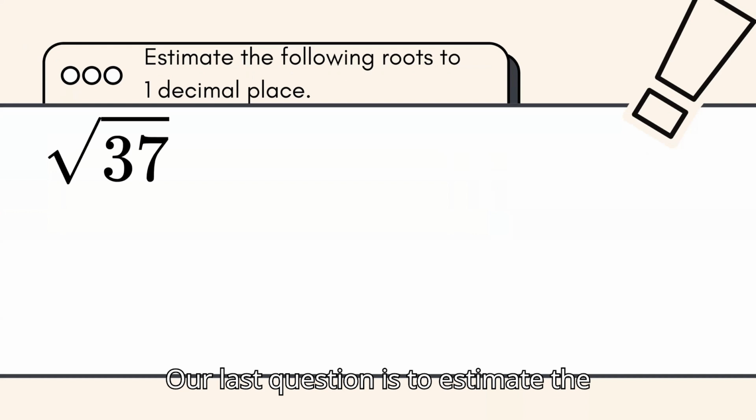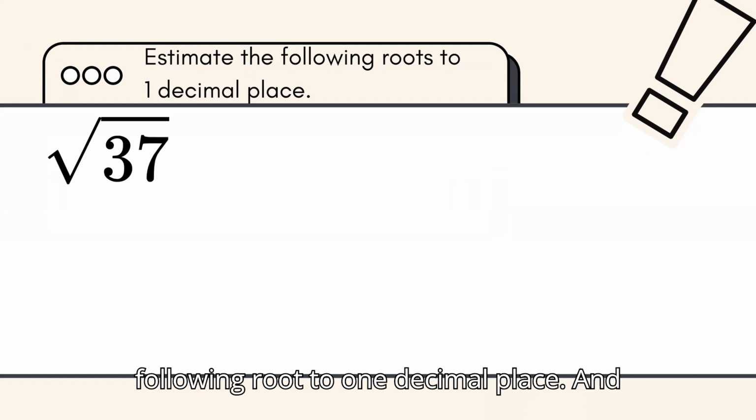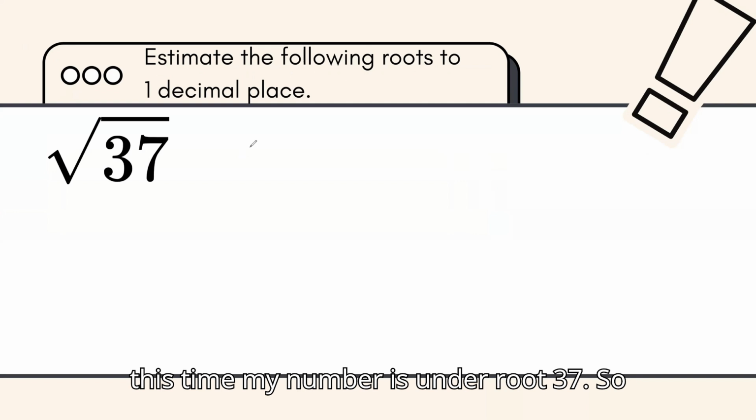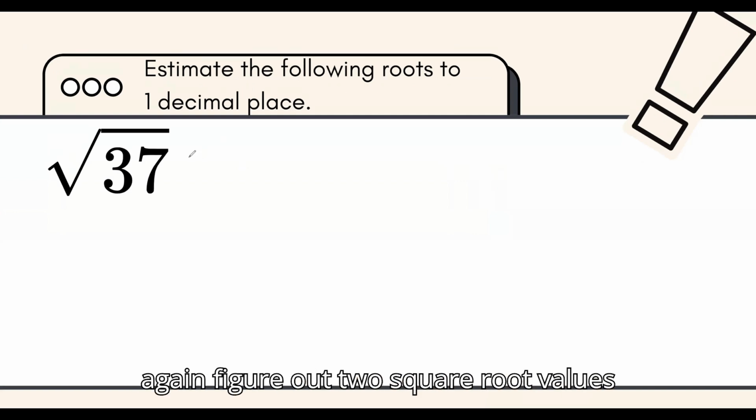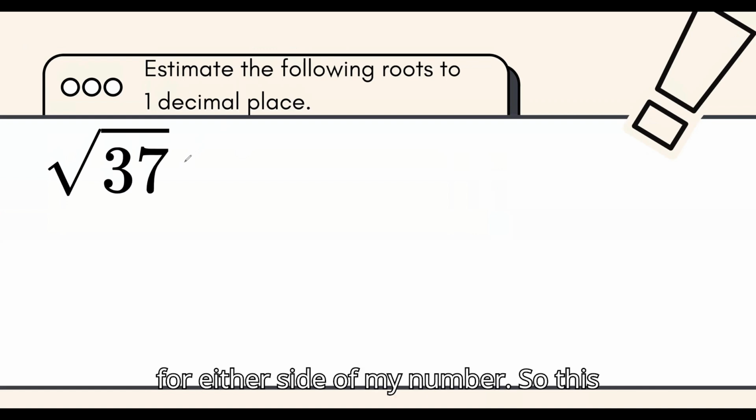Our last question is to estimate the following root to 1 decimal place. And this time our number is under root 37. So I'm again going to figure out 2 square root values on either side of my number.